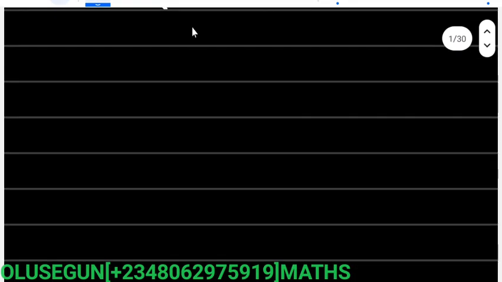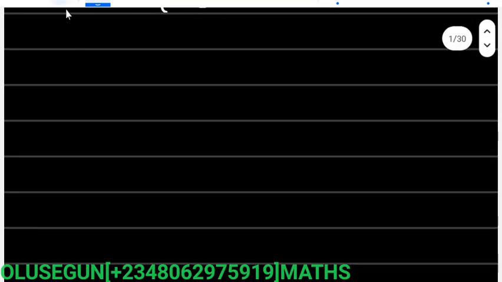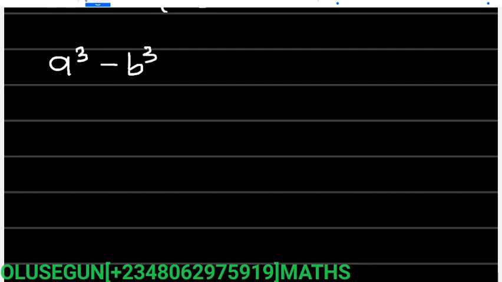So you try to draw a diagram like a raised to power 3 minus b raised to power 3. Let me try to, so a raised to power 3 minus b raised to power 3.